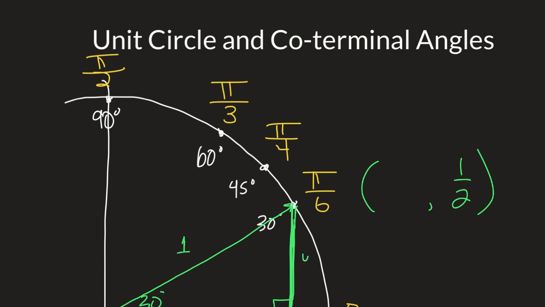So this is the y side, it's the vertical side. And the x, or your horizontal side for our 30, 60, 90, is the long leg of our triangle. So it's the short leg 1/2 times the square root of 3. Okay, so it goes root 3 over 2 is the x-coordinate, and 1/2 is the y-coordinate.